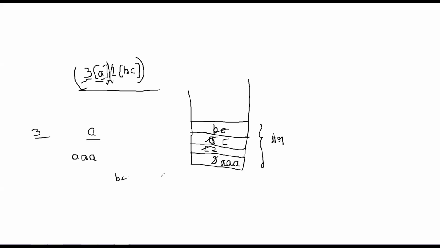Then if there's an opening bracket, I'll pop that out again, and there should definitely be an integer after that opening bracket, so I'll pop that out also. So now 2 BC is there, so this will be BC BC, and it will be pushed back into the stack like this.